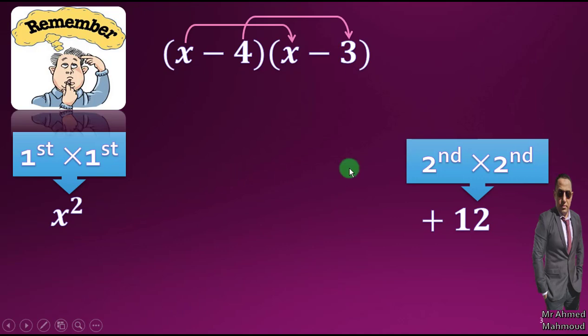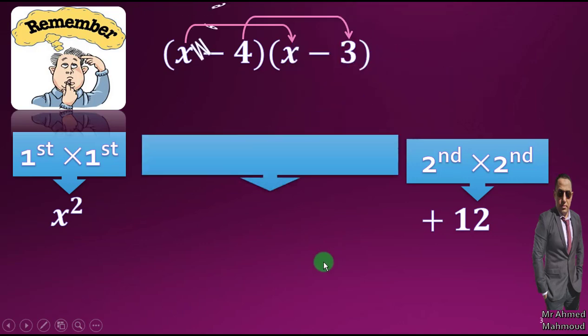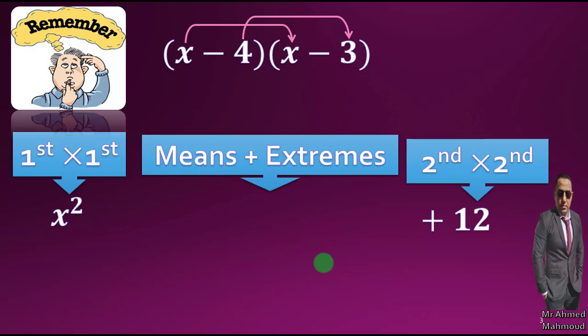Finally, we have a middle term here. It equals the sum of the means plus the extremes. Remember with me what the means and the extremes are. The means are the inner numbers, negative 4 and x. The extremes are the outer numbers, x and negative 3.